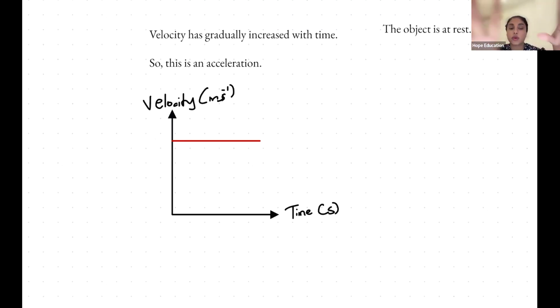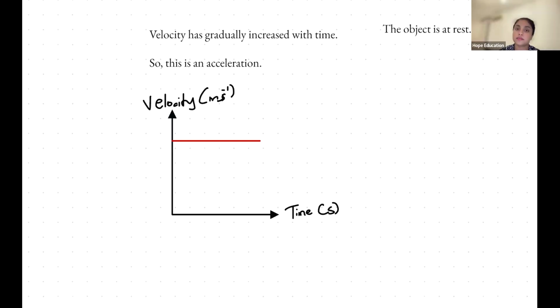I will ask a very basic question about this motion. Is the object moving or not? Okay. Some of you say yes, some of you say no. Just a very simple yes or no question. Is the object moving or not? No. Okay.